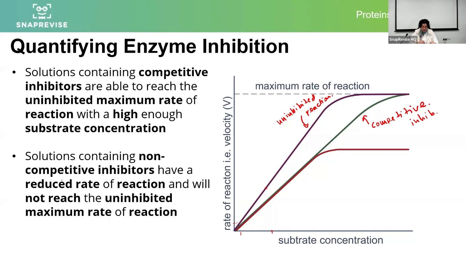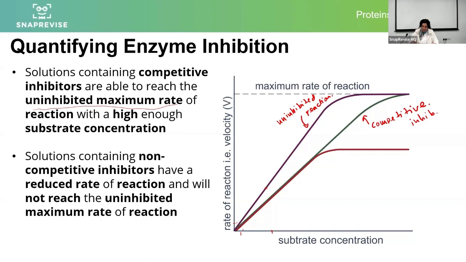Solutions containing competitive inhibitors are able to reach the uninhibited maximum rate of a reaction with a high enough substrate concentration. I'd encourage you to use that phrasing in your answers, meaning that we can effectively drown out the effect of the inhibitor by adding enough substrate.